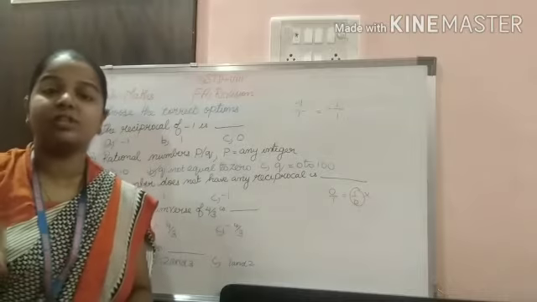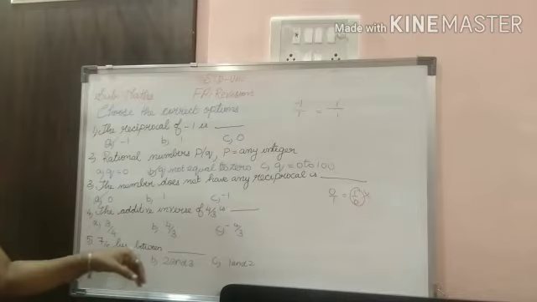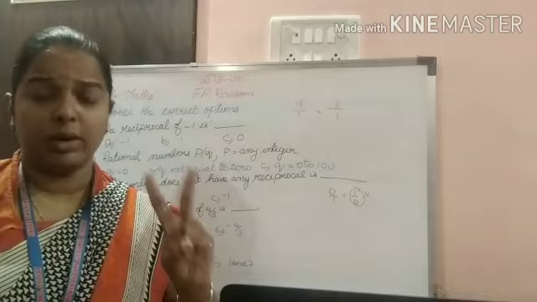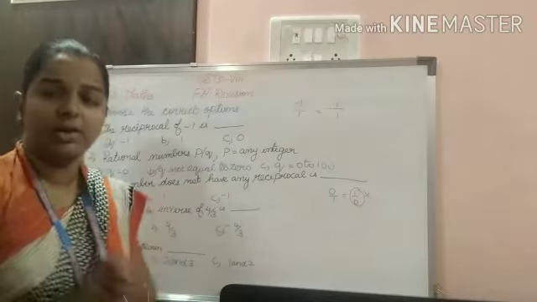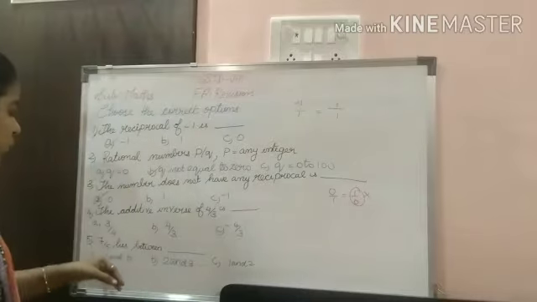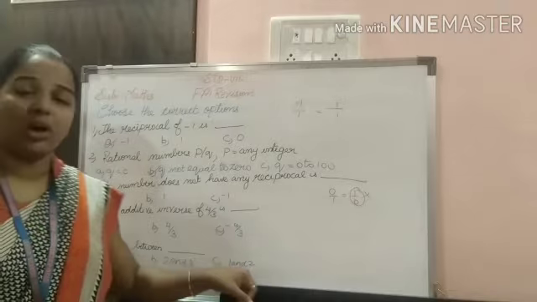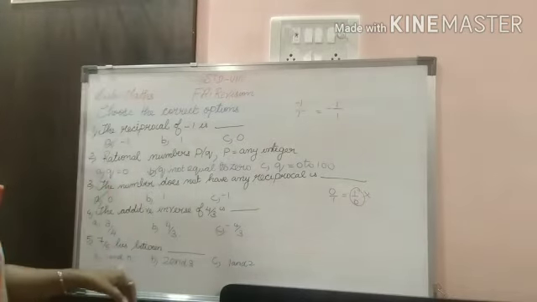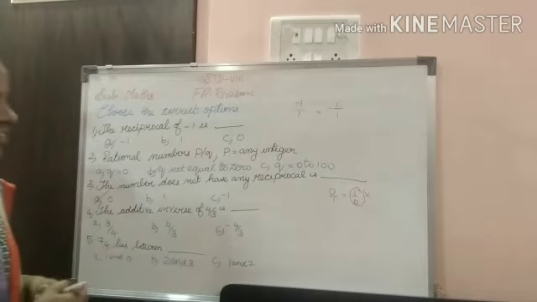Understand students? Let's move on to our fifth question: 7 by 5 lies between. कौन से दो नंबर के बीच में 7 by 5 lies होता है? The options are 1 and 0, 2 and 3, and 1 and 2. इसमें कौन सा ऑप्शन होगा? तो ये कैसे फाइंड आउट करेंगे?